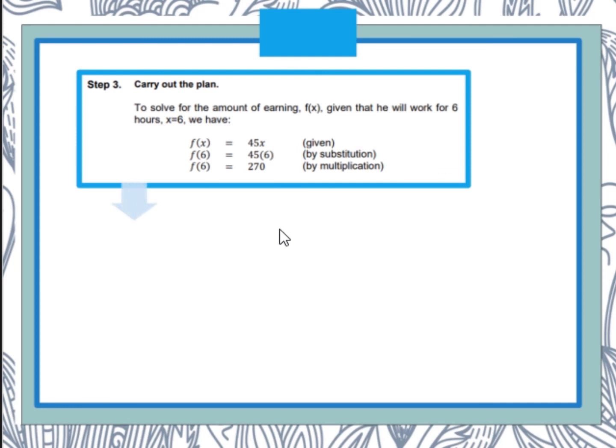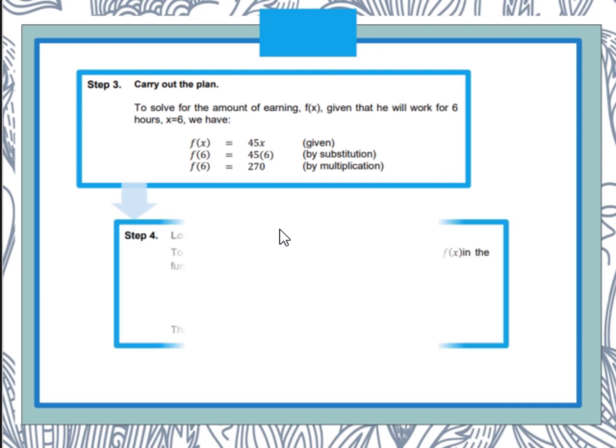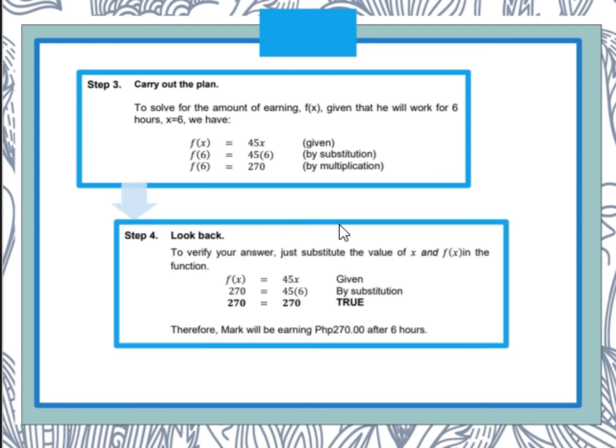And for our fourth step and final one, we will check if our answer is correct. To verify our answer, we will substitute the value of x and the function of x in the equation. F of x is equal to 45x.